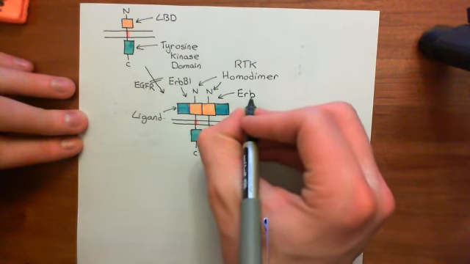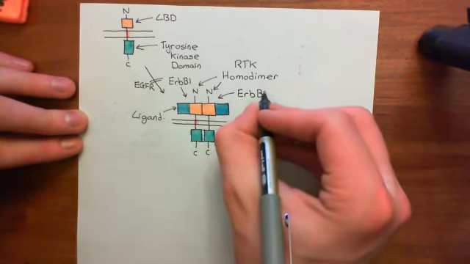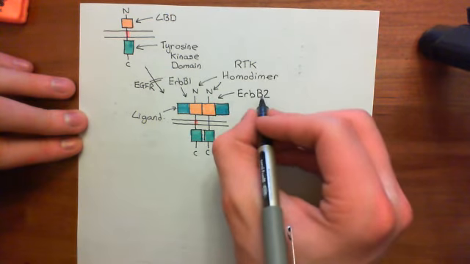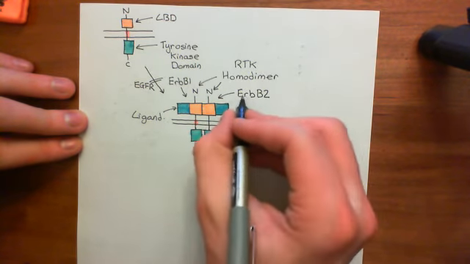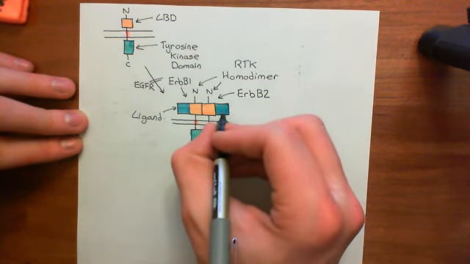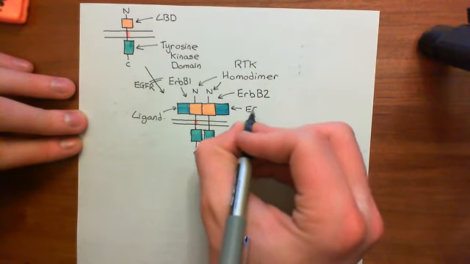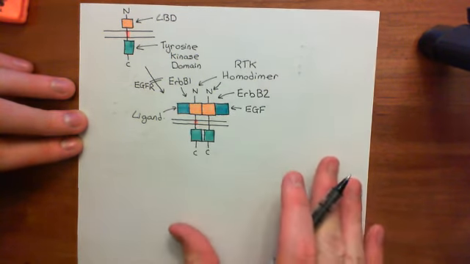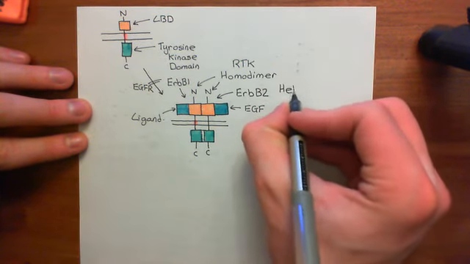So it can bind to another ERB receptor tyrosine kinase, for instance an ERB2, a HER2 potentially. If this HER2 receptor tyrosine kinase had an EGF molecule also bound, then those two receptor tyrosine kinases with their ligands could dimerize together, and that would be what's known as a heterodimer.